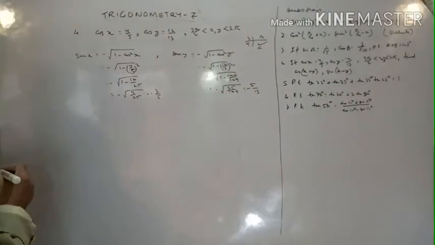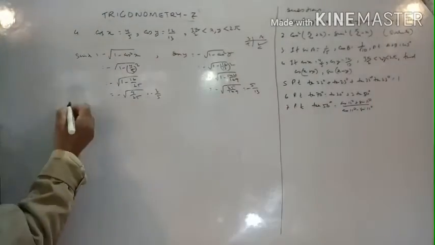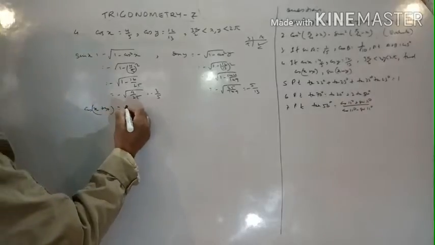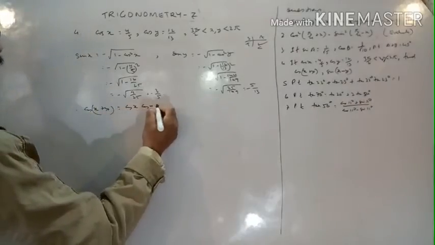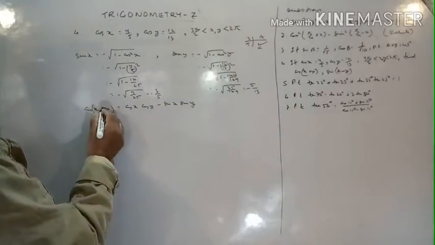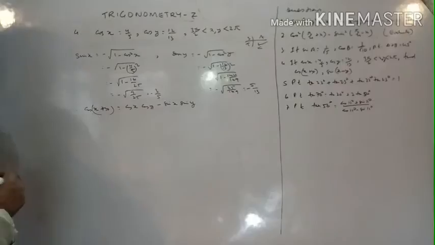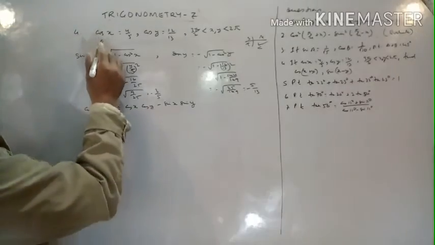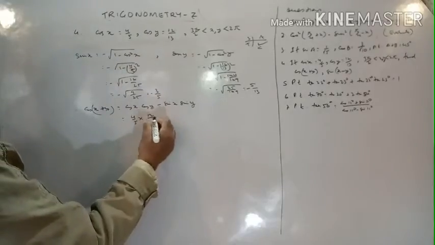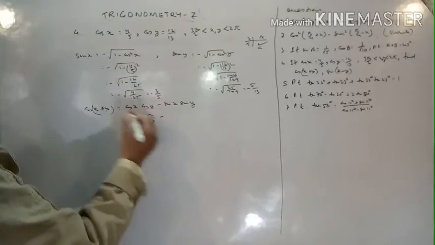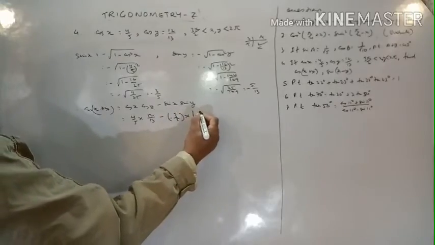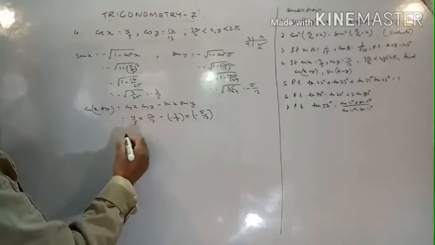So we have all the values, so we have to find the value of cos x plus y. Cos x plus y formula is cos x cos y minus sin x sin y. Remember, in case of cos, when it is plus, sin is minus. So cos x is 4 by 5 into cos y is 12 by 13, minus sin x is minus 3 by 5 into sin y is minus 5 by 13.